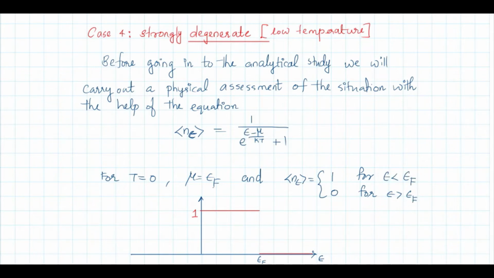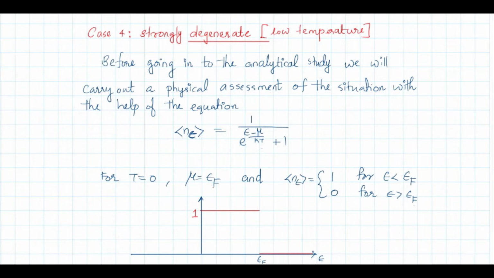When energy is less than EF, the numerator E minus mu will be negative, and at T equal to 0, this becomes e raised to minus infinity. E raised to minus infinity is 0, so you will get 1 by 1, which is 1. EF is nothing but the value of mu at T equal to 0. When E is greater than EF, the numerator becomes positive, and at T equal to 0, this is e raised to plus infinity, which is infinity.